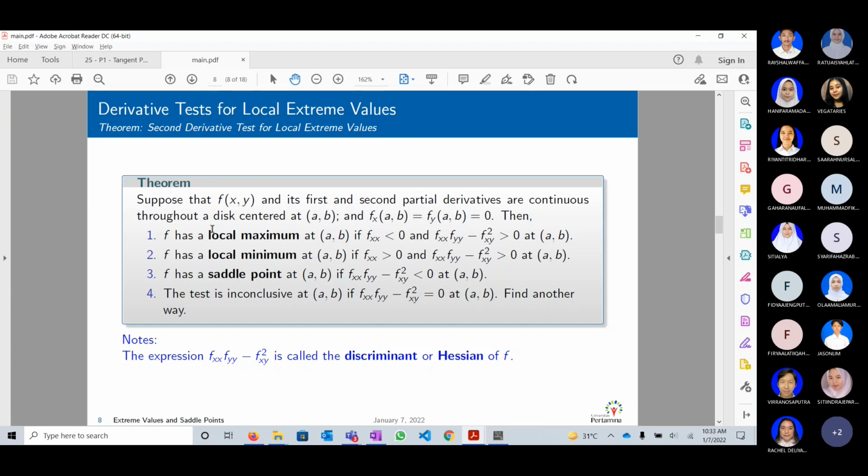Then we do the second derivative test. f has a local maximum if these two conditions hold, a local minimum if these two conditions hold, and a saddle point if this one condition holds. The test is inconclusive if fxx times fyy minus fxy squared is equal to 0. In this case, we need to find another way. And this expression, fxx times fyy minus fxy squared, is called the discriminant or Hessian of the function f.